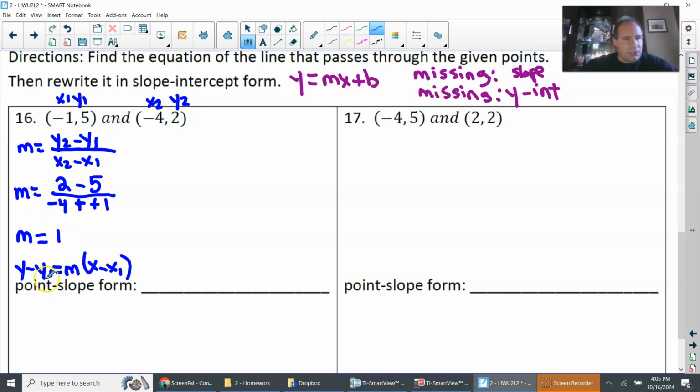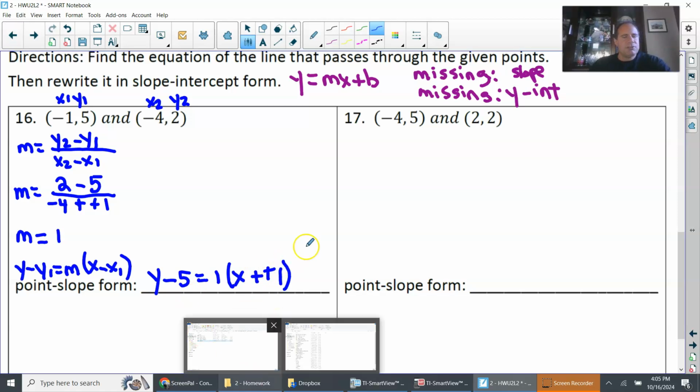I'm going to write down y, leave y alone, minus y1. I have my y1 here. I'm going to put 5 equals m. My m, I figured out, is 1. And I'm going to put x minus x1, which is negative 1. And guess what? Double negative, make it a positive.